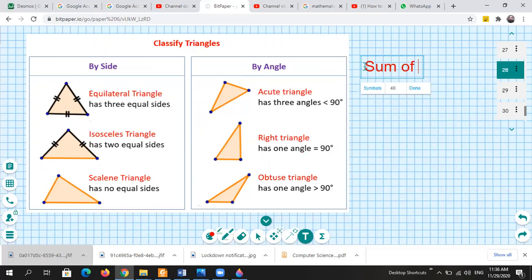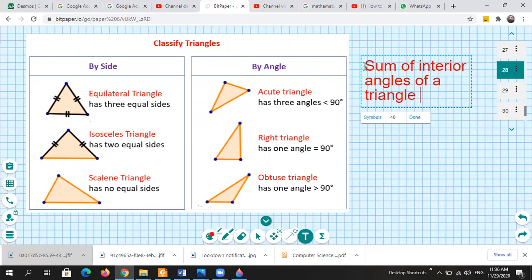Or you can write, sum of interior angles of a triangle is 180 degrees. So this is a very important concept because we're going to use this concept in solving the questions in 11a.